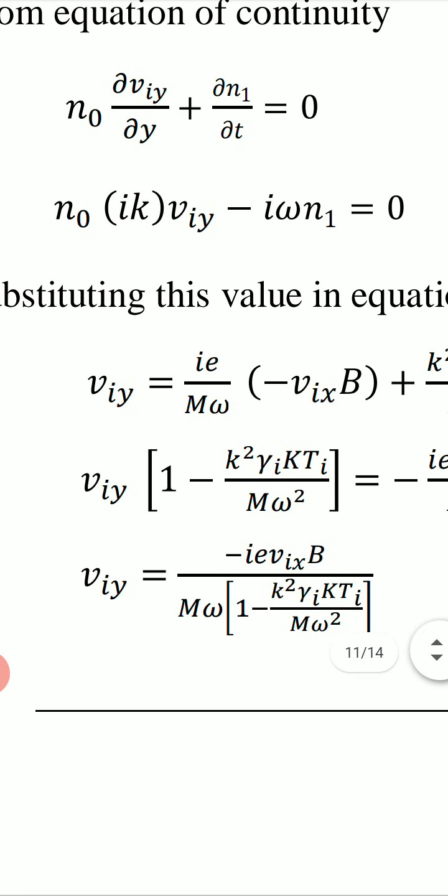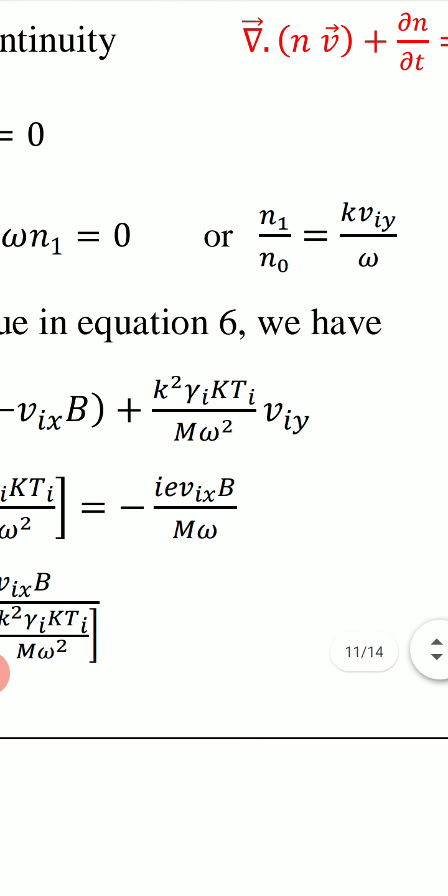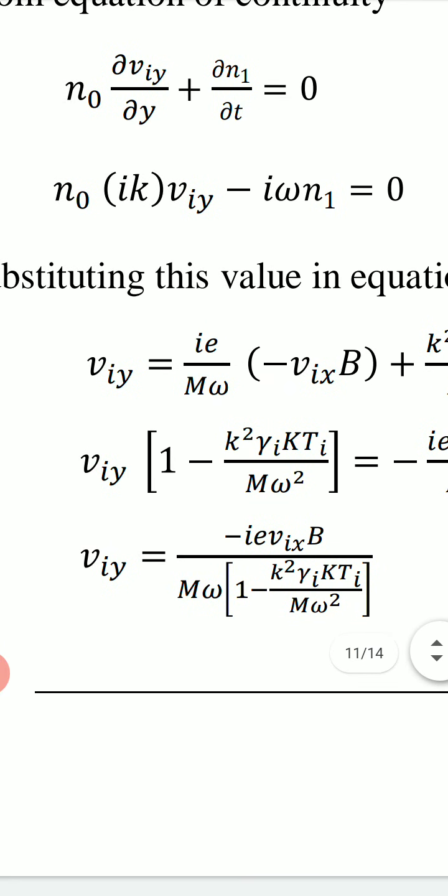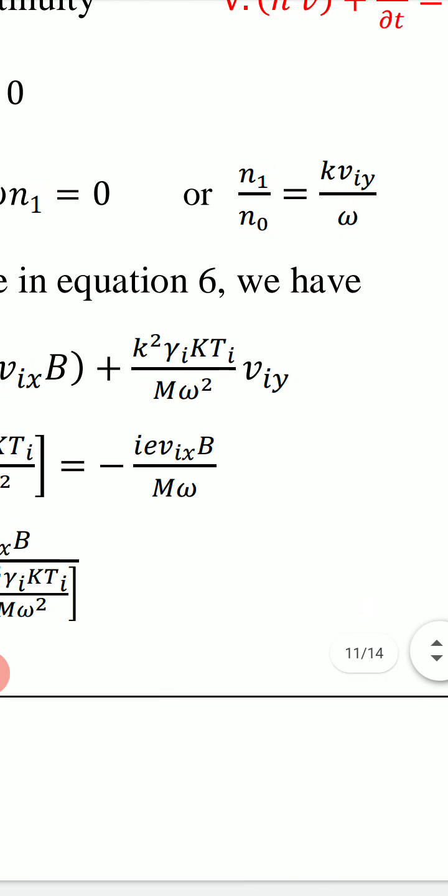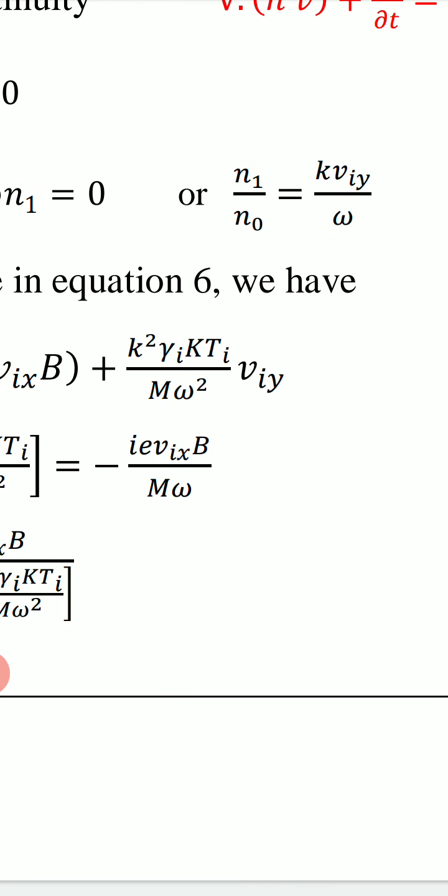From this equation, we write N1 upon N0 as k VIY upon omega.